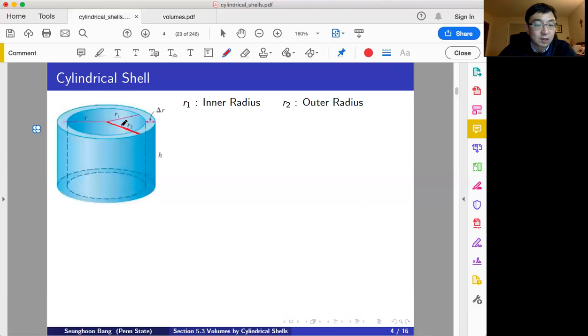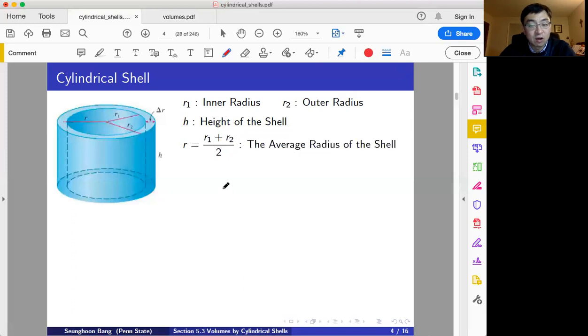H is height. What's R? R is the midpoint, the center from this midpoint of R1 and R2. This midpoint, R1 plus R2 over 2. So we call it the average radius of the shell.